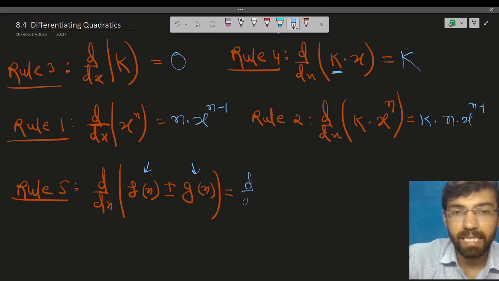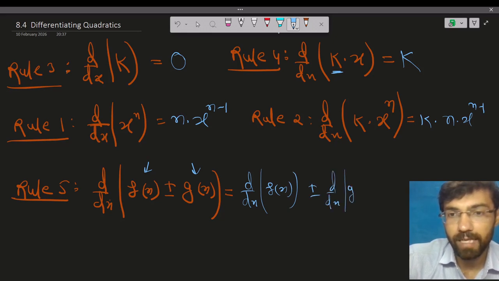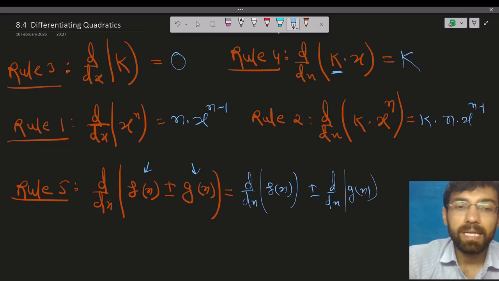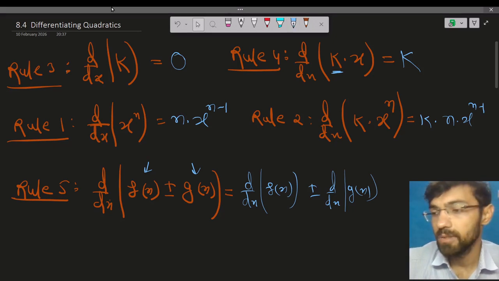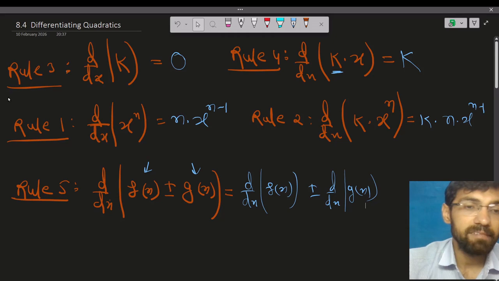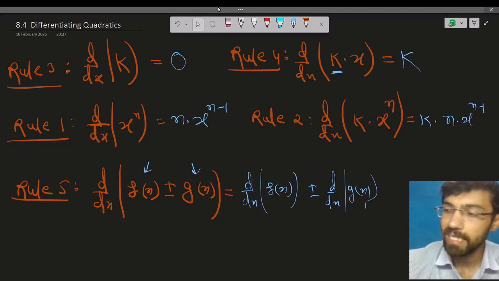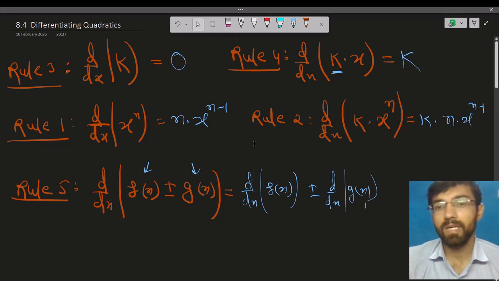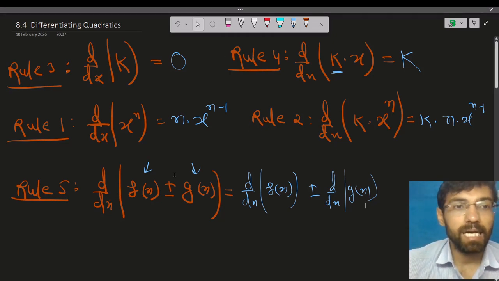So if you have plus or minus, the differentiation goes inside and you can differentiate f of x and g of x separately. Okay, so these are all 5 rules basically.